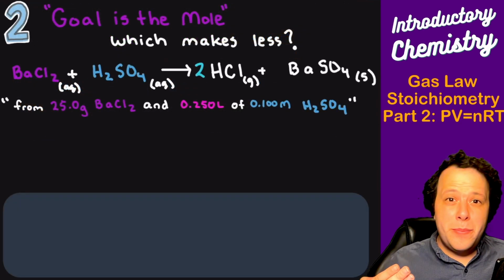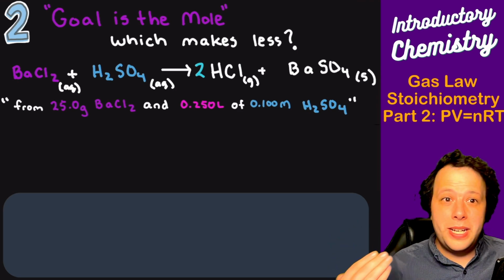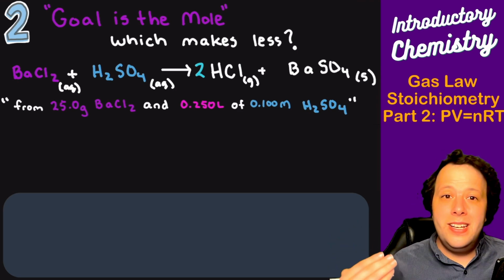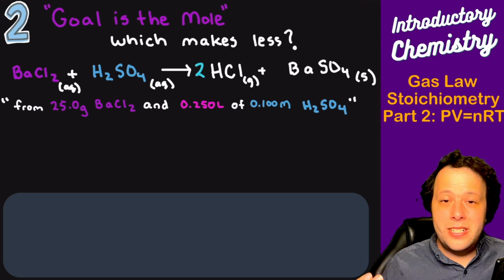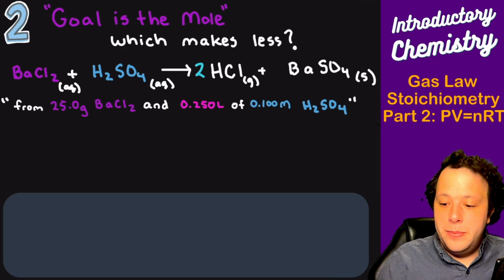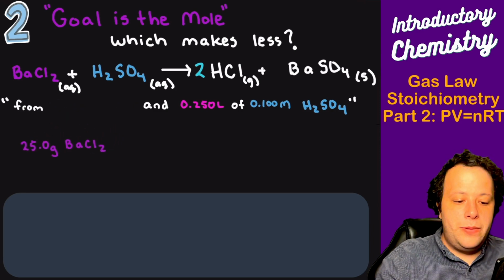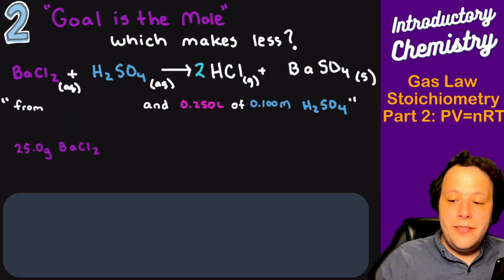From this part of the problem, remember our goal is the mole. We had these different starting ingredients: 25 grams of barium chloride and 0.25 liters of 0.1 molar H2SO4. So what's the first thing you should start with? Let's start with the barium chloride, being that that's by itself over here. If I take that number and drag it down, how can we convert it to moles?